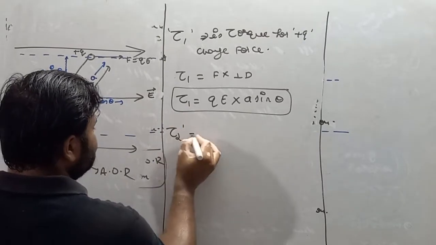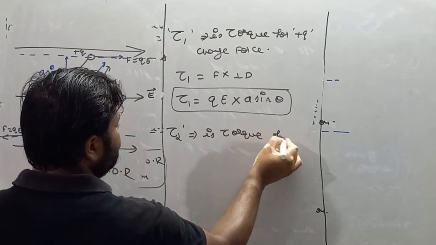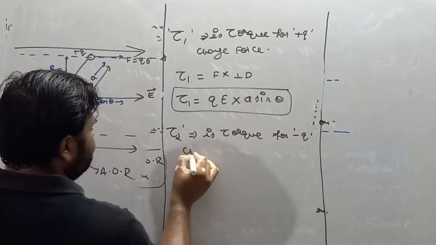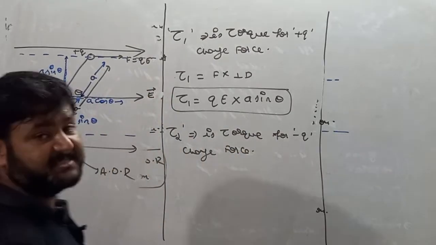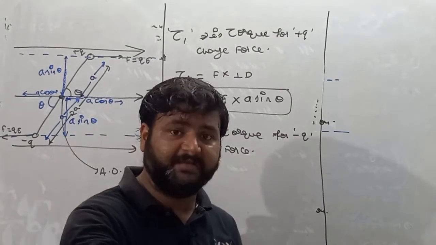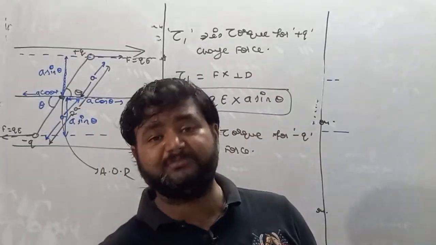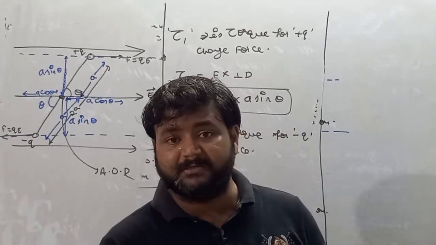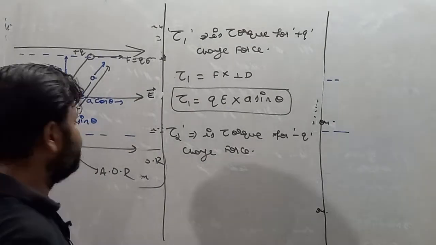Similarly, tau 2 is the torque for the minus q charge force, because both forces are capable of rotating the body. That's why I am finding torque for both, because I already told you torque is found for those forces which are capable of rotating the body.